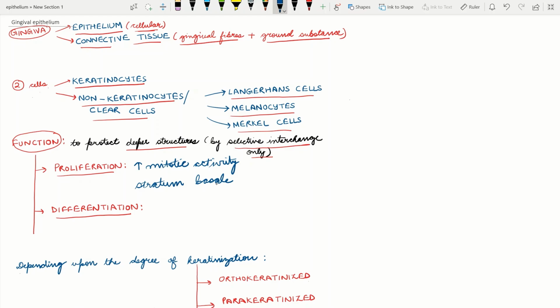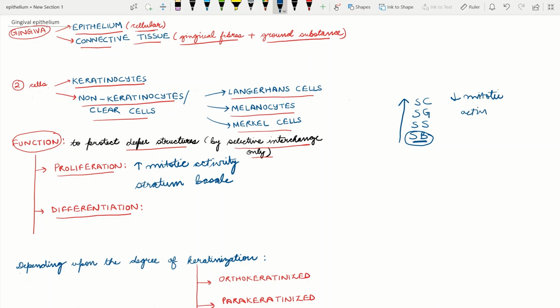As you already know, there are 4 layers of gingival epithelium. These are stratum basale, stratum spinosum, stratum granulosum and stratum corneum. So the maximum amount of mitotic activity is seen in the stratum basale. And as we go up in the layers, the mitotic activity will decrease.